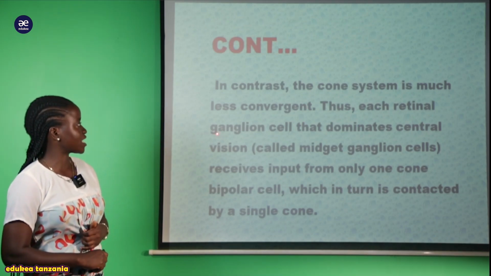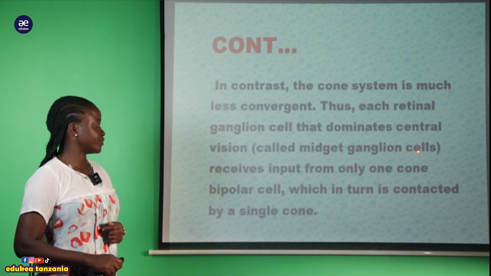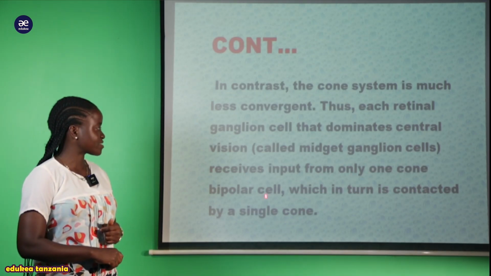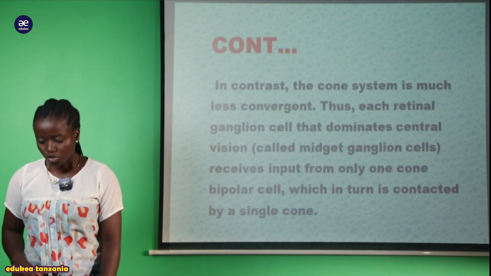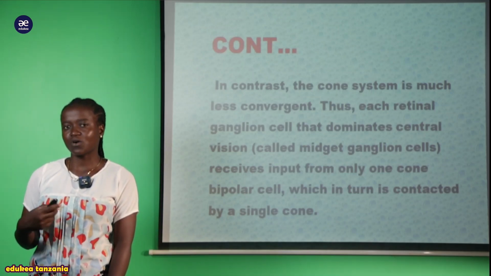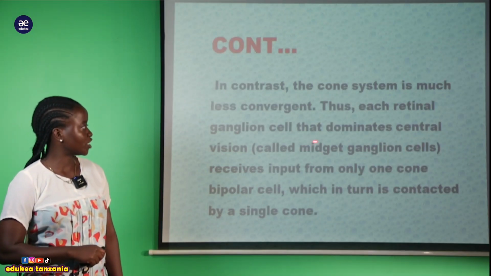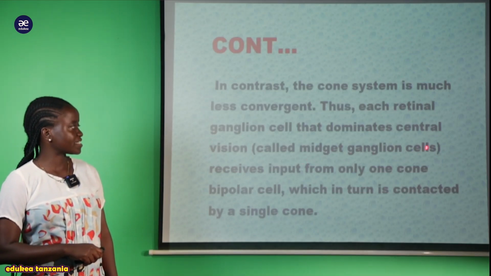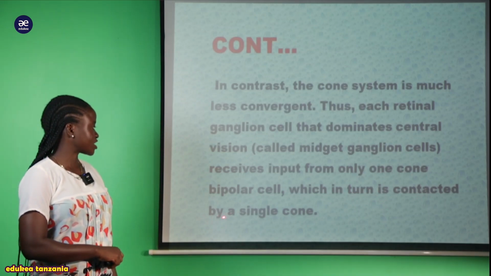That is, each retinal ganglion cell that dominates central vision, called the midget ganglion cell, receives input from only one cone bipolar cell, which in turn is contacted by a single cone. So ukienda kuangalia pia ile convergence inayopatikana ndani ya cone system inakuwa ni less convergence, meaning that the ganglion cells that dominate the central vision, called the midget ganglion cells, receive input from only one cone bipolar cell, which in turn is contacted by a single cone.